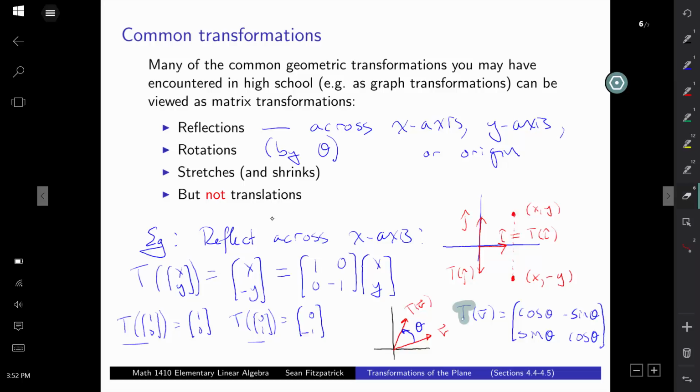So this rotation matrix works whatever the angle theta happens to be. If you're dealing with a rotation through an angle of theta, a matrix of this form will do the job. You'll see a few of those pop up in the examples in the textbook.